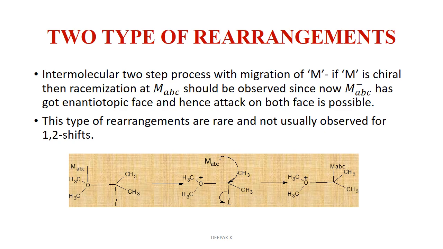Because it can be attacked from the top side as well as the bottom side. So then you will have racemization happening because attack through both faces is possible. So it will give you a racemic mixture if the rearrangement is following this mechanism. If the rearrangement is following this mechanism, then racemization is observed.